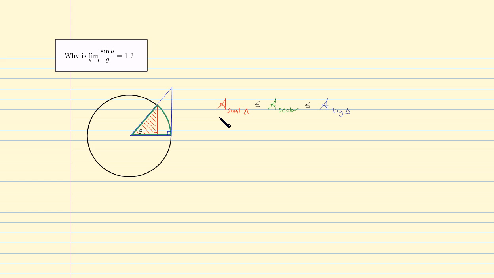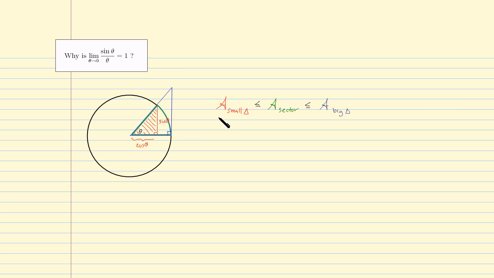Now, let's try to find expressions for each one of these three areas in terms of theta. First off, the area of the small triangle. Notice from here to here, this of course is the cosine of theta. In a like manner, from here to here, that must be the sine of theta.